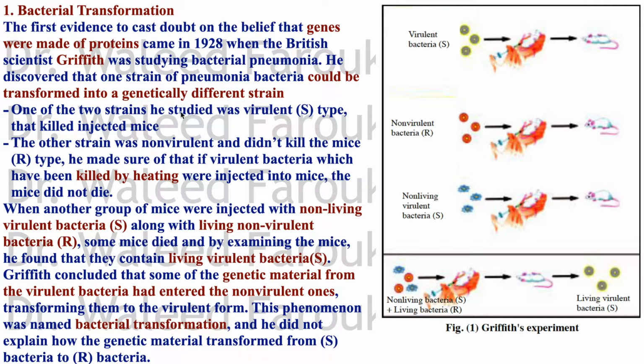For example, one of the 2 strains was virulent bacteria, he called it the S type. As you can see, when injected in mice, the mice were killed. The other strain was non-virulent bacteria. He coded it with the letter R. When injecting the mice with it, it was non-lethal.